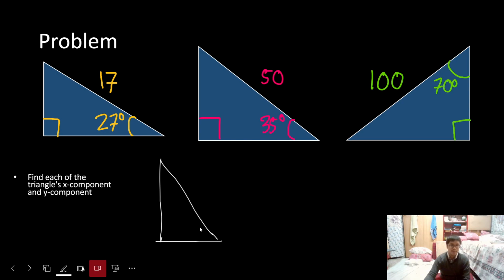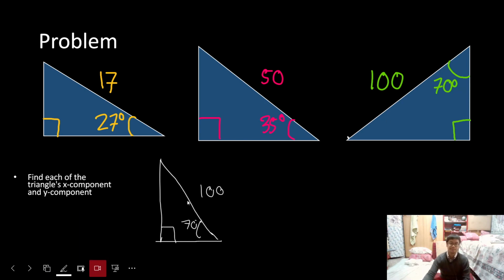So this is the 70 degrees, the right angle, and this is 100. If you observe, I rotated this exactly 90 degrees, to the point that this side became the base side of the right triangle.